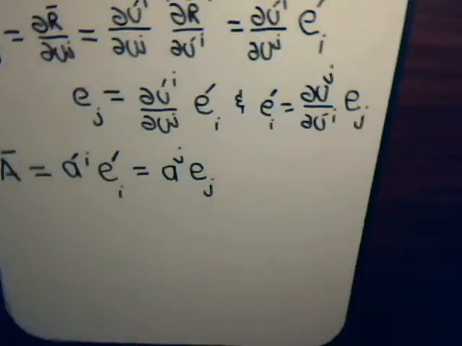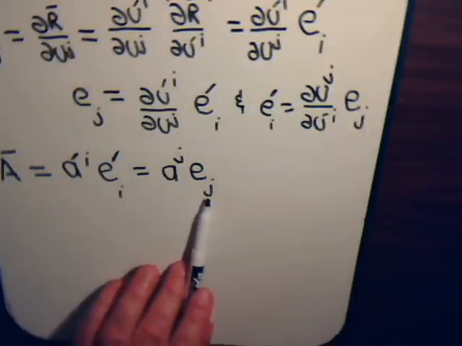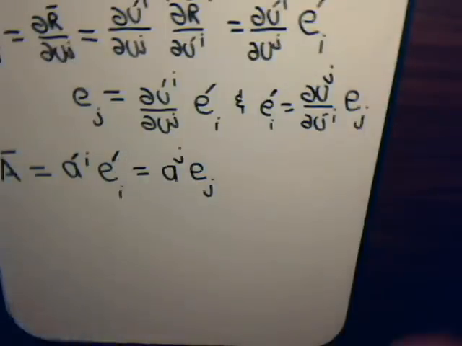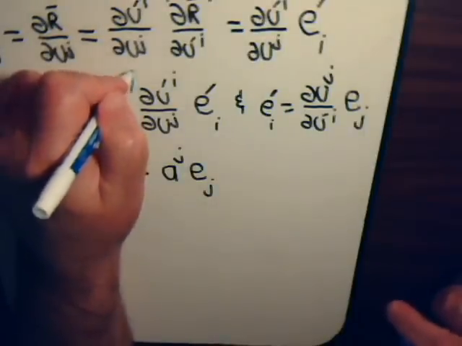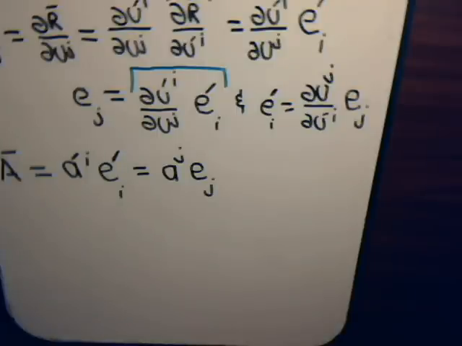Okay, now we look at this though, and let's see, we have A_j times e_j, but e_j, this is the same as that.